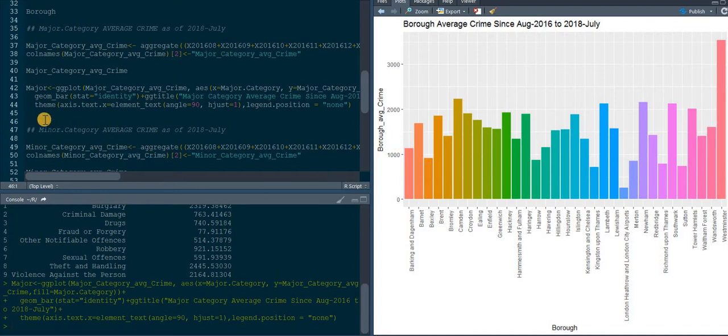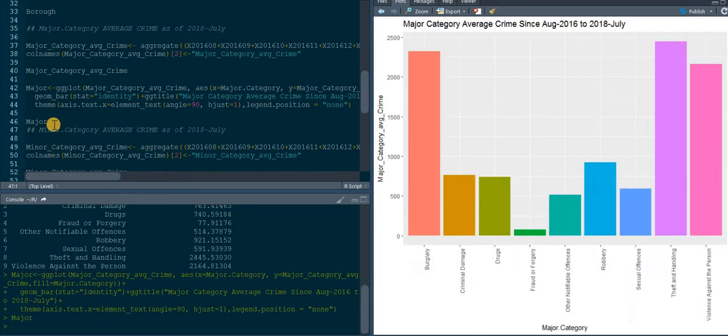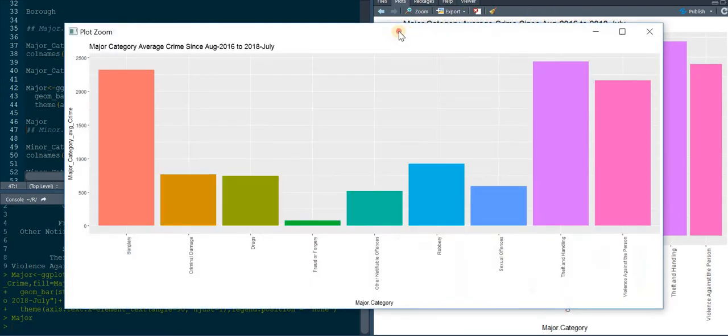Because we assigned that bar graph to major, it comes out as a small symbol automatically, and if you call it, you get a nice graph.